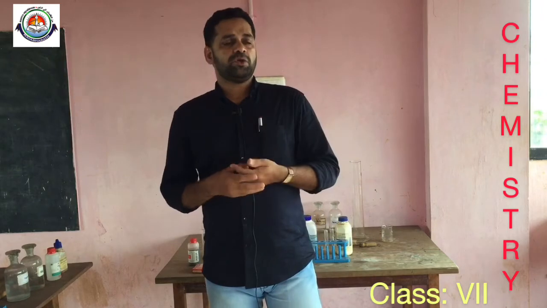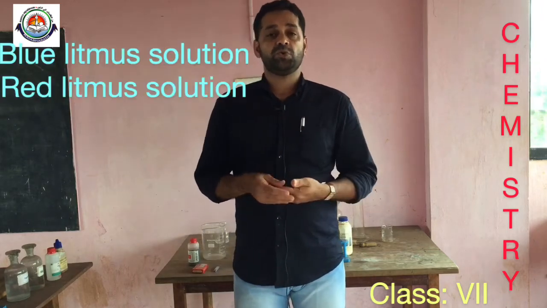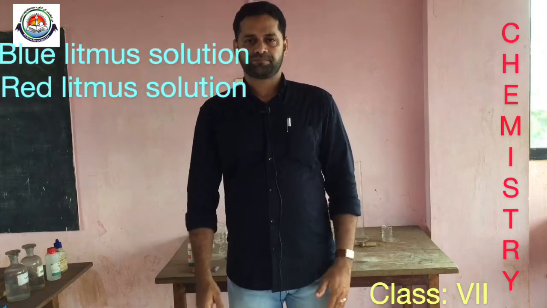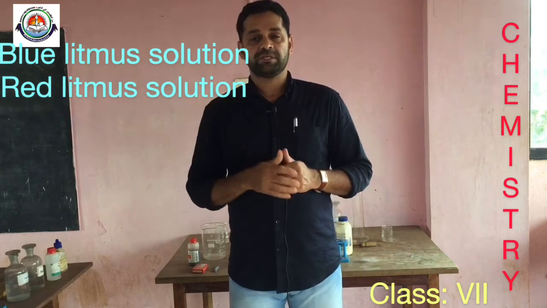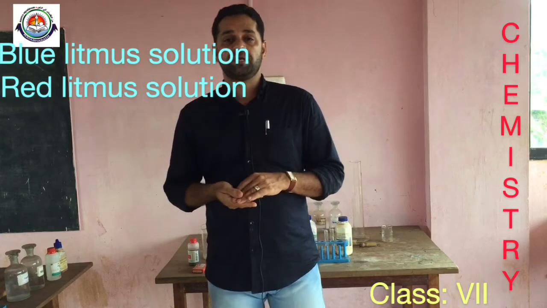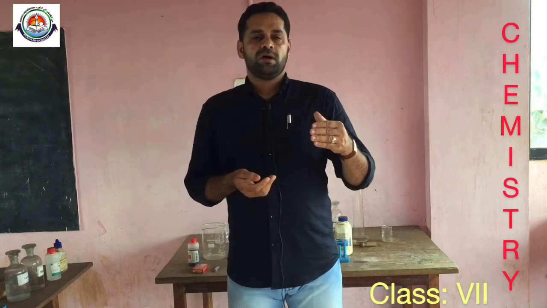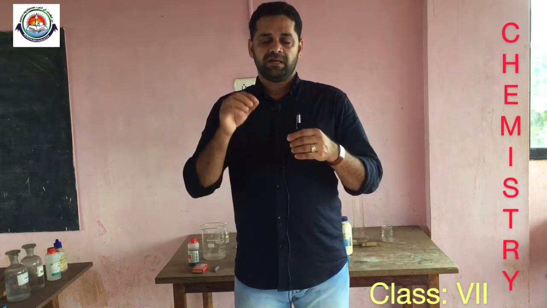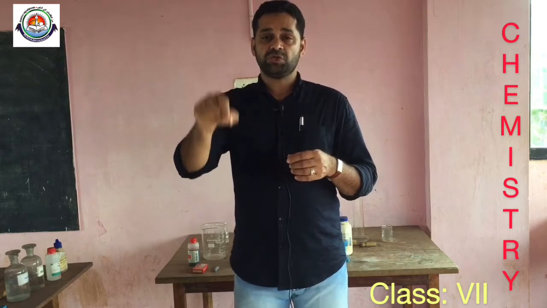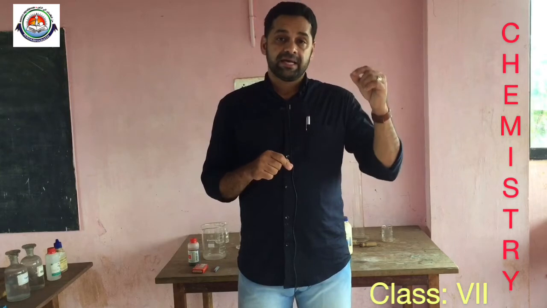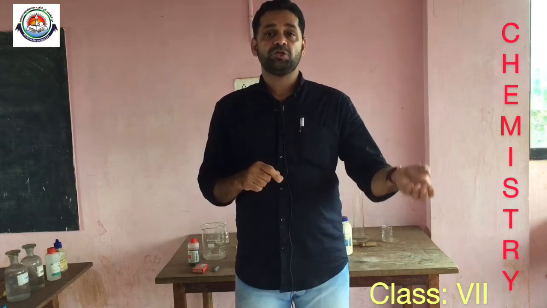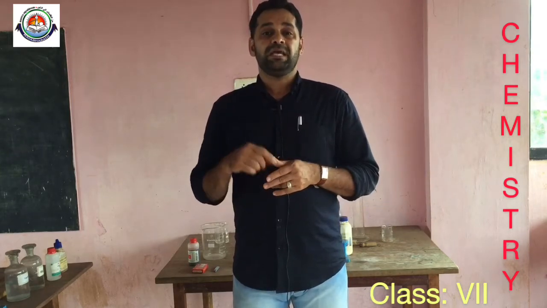In the laboratory you can see blue litmus solution and red litmus solution. When we add some amount of acid into the neutral litmus solution, it becomes red.